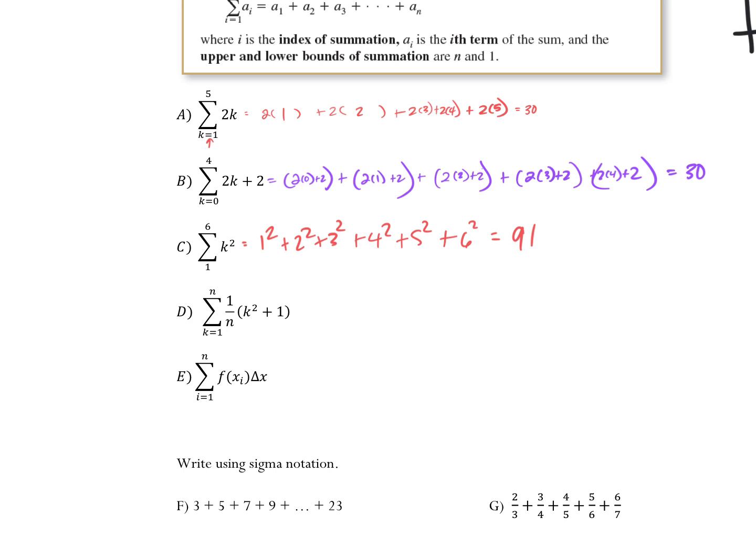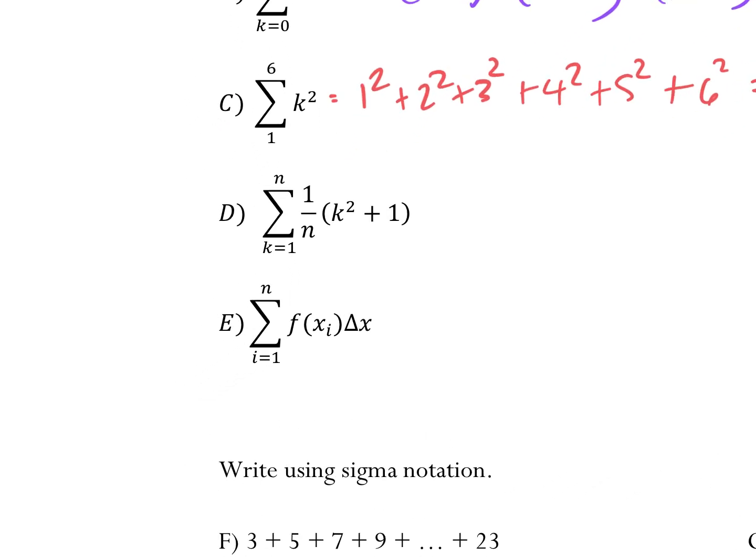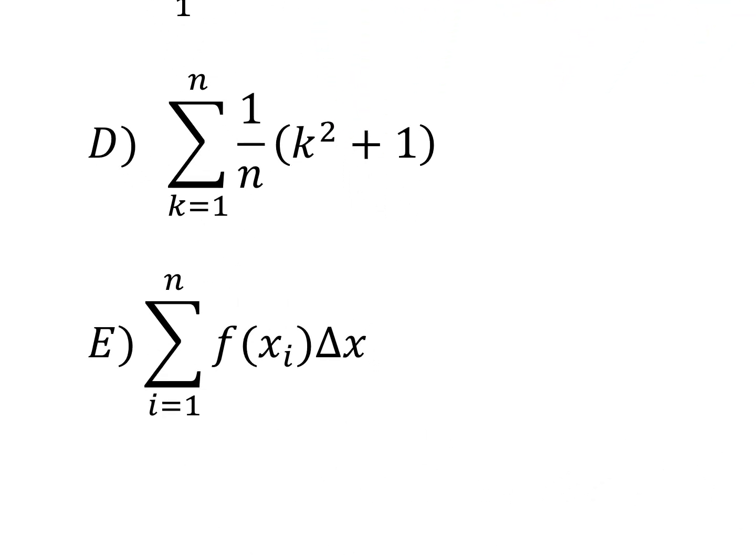Everybody good? Are we feeling okay so far? Okay. How's this one different? It's a variable. There's an N, okay? So in some respects, the number that we are consistently filling in for in this case is K. I know that because the index tells me it's K. All right?